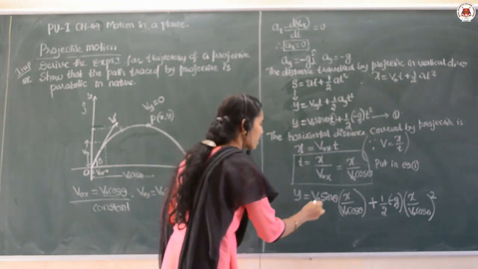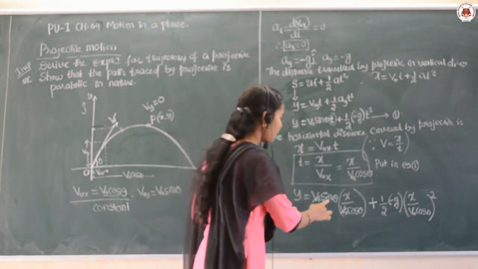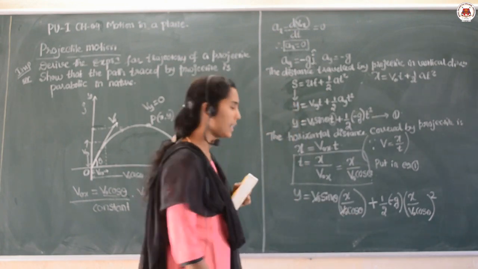And next see dear student, here v naught is there, here v naught will get cancelled. And in mathematics you know that sin by cos is tan theta.